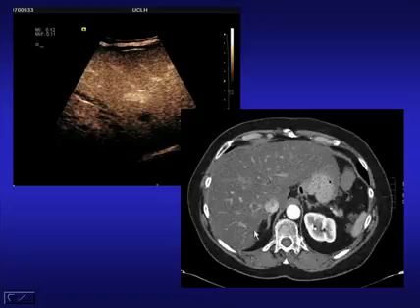This is the corresponding CT scan where we can see this small tumor which has an enhancing halo. We're more in the arterial phase here than in the portal venous phase, but you see exactly the same temporal characteristics with contrast ultrasound as you do with CT.